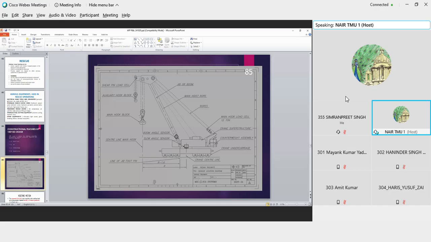This 140-ton crane is basically divided into two halves. The top portion is the superstructure and the bottom portion is the undercarriage.